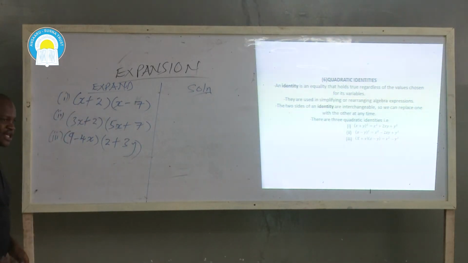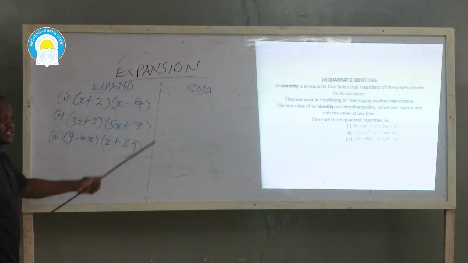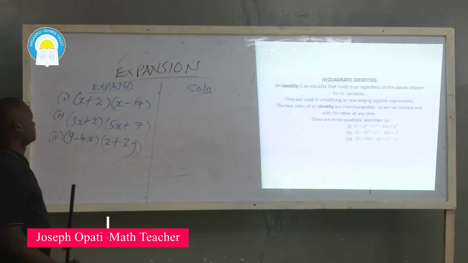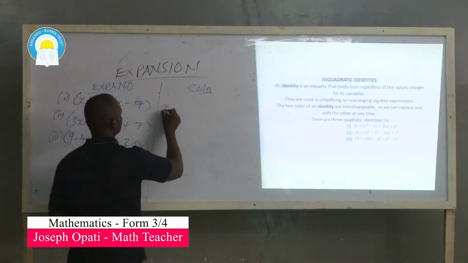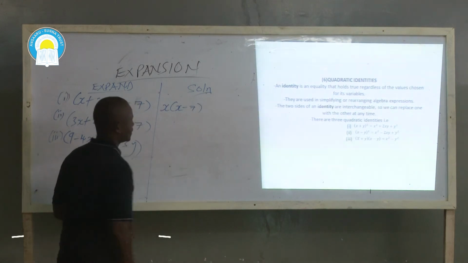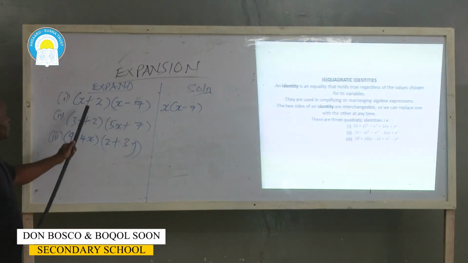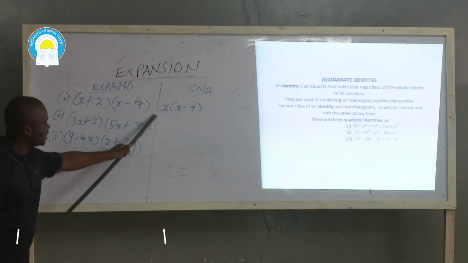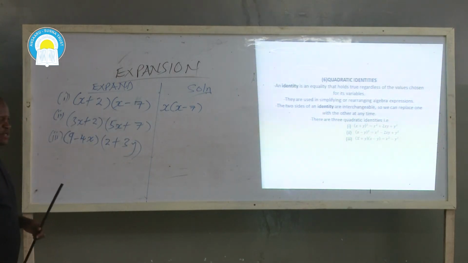You take x times the second bracket. Are we together? So what shall we have? x into x minus 7, then plus 2 times the entire second bracket.